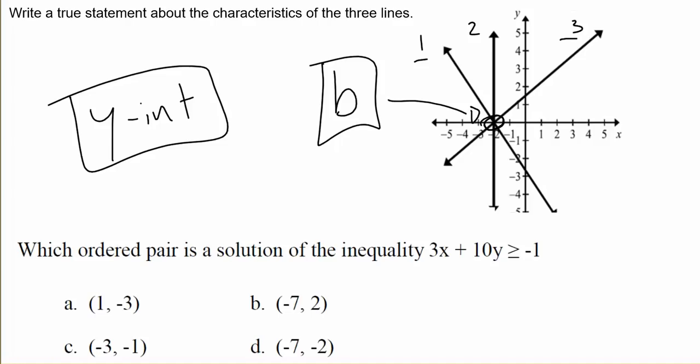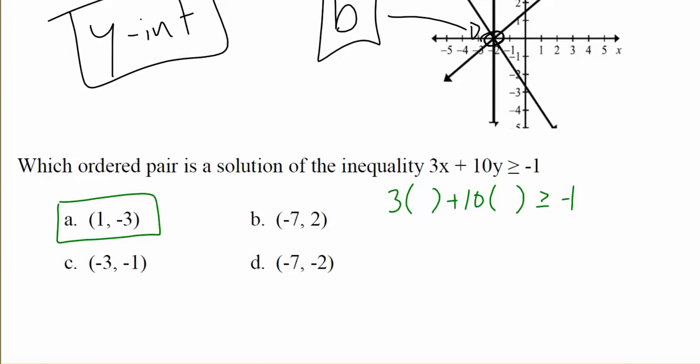Which ordered pair is a solution to the inequality? So we're just going to plug in. Hopefully our answer is A, so we don't have to do too many of these. Let's do the first one. We're going to say 3 times x plus 10 times y, and see if that's greater than or equal to -1.